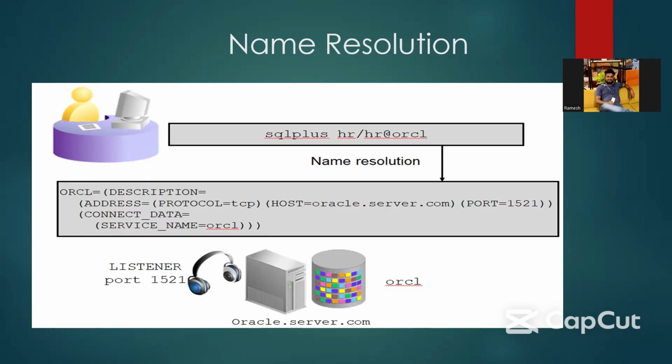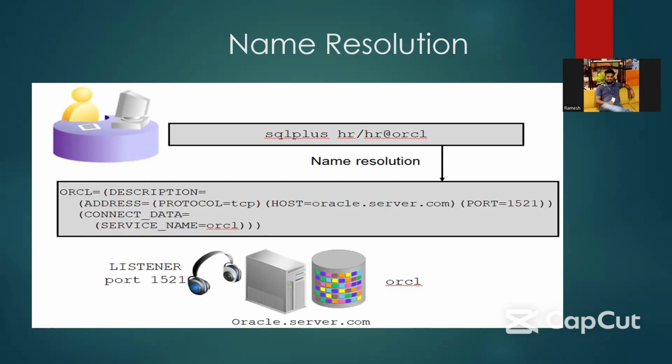We already declare our service name in our tnsnames.ora file. So when we run sqlplus username/password@service_name, it reads whether this service name is available in tnsnames.ora. If it is available, this service should also be running in the listener. If the service is running in our listener, the listener establishes the connection for the user. This is the basic flow.